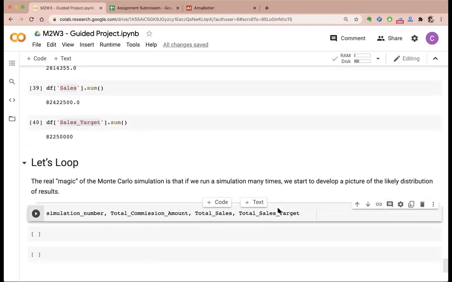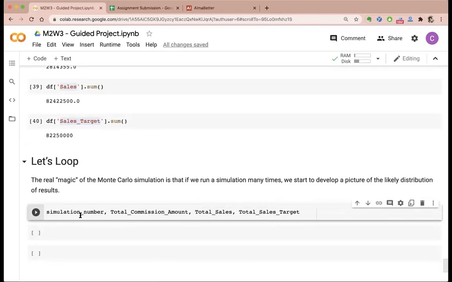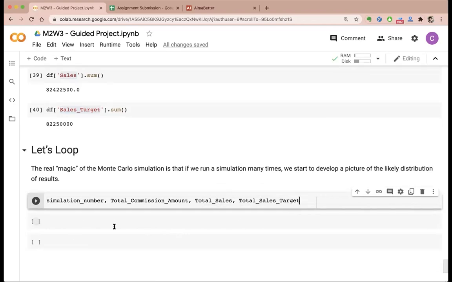So your data frame should have 1,000 rows with each of these columns. For each simulation you will get the total commission amount, the total sales, and the total sales target.